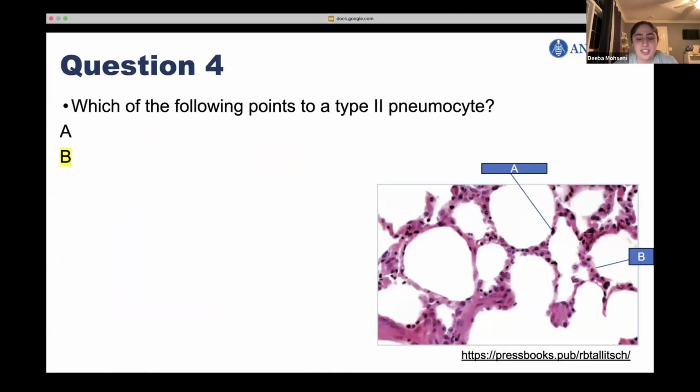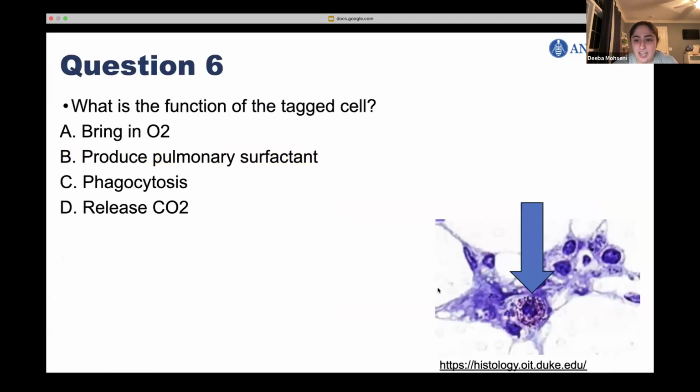Sometimes they're hard to find, but the best way to spot it is they're big and speckly. This is the one time I'll say it does look different from the other cells you would see in this slide.